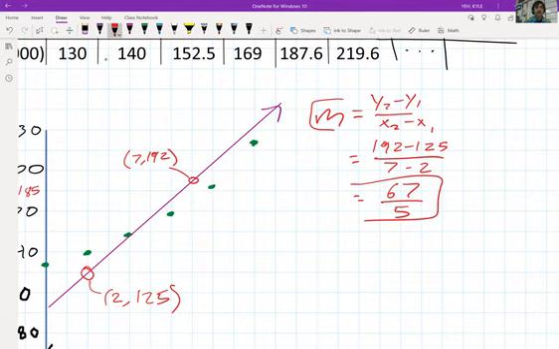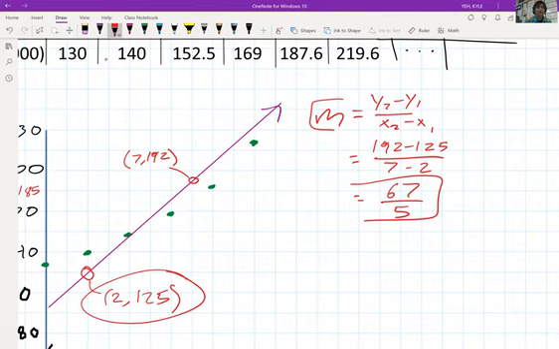Can I write a slope-intercept equation from this? The answer is yes, actually, because I have my slope and I have a point, right? I can use either one of these points. I'll use the one with smaller values just to make my life easier.